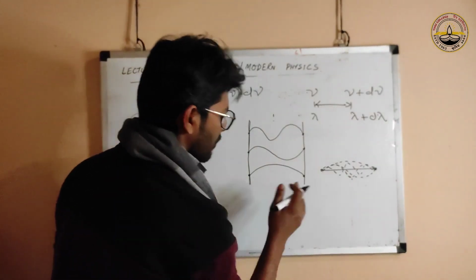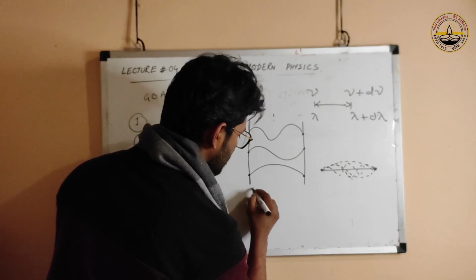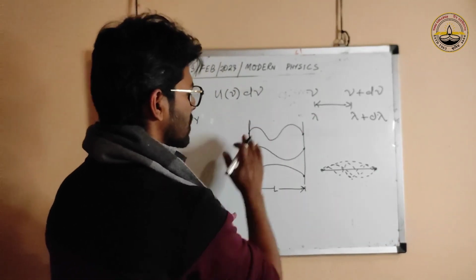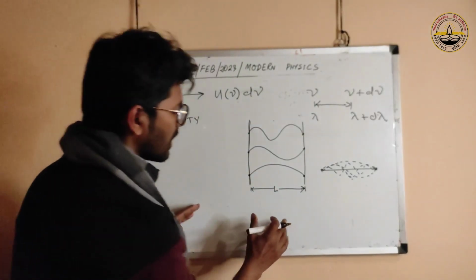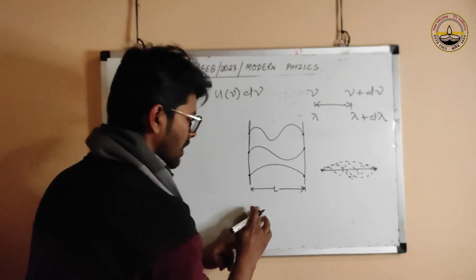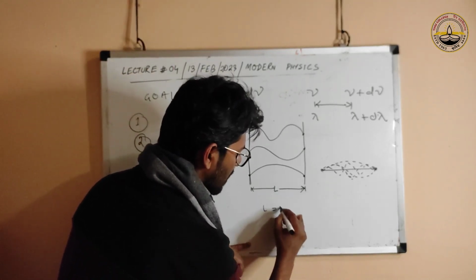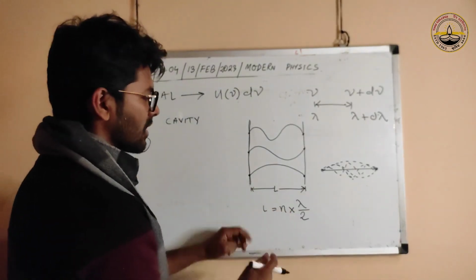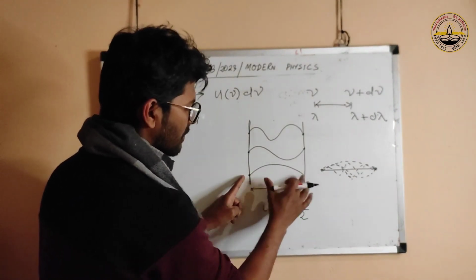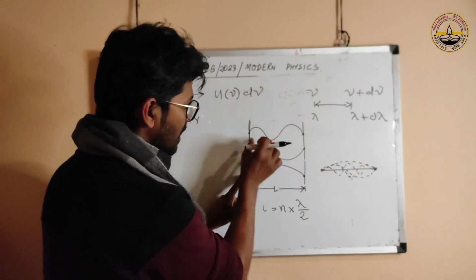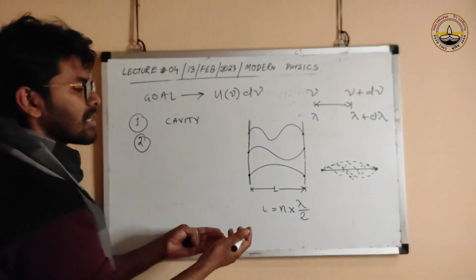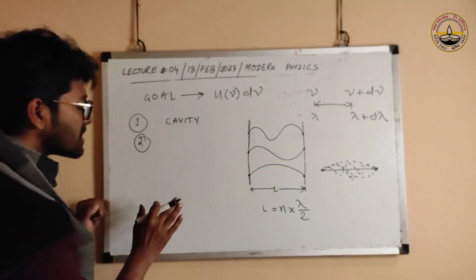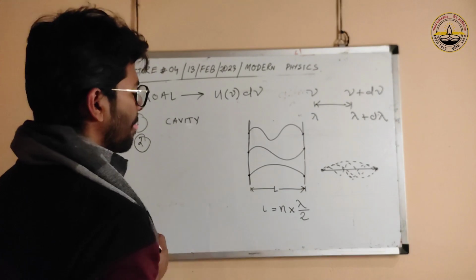What that means, you already know this from your waves and oscillations, is that if L was the length of this particular cavity, let's say one-dimensional, I'm considering for now, then this L must be equal to an integral multiple of lambda by 2, half wavelength. So first, one half wavelength is equal to L. Then there are two halves. Then there are three halves. So basically, an integral number of lambda by 2 will be equal to the length of the cavity. This is the condition of a standing wave.